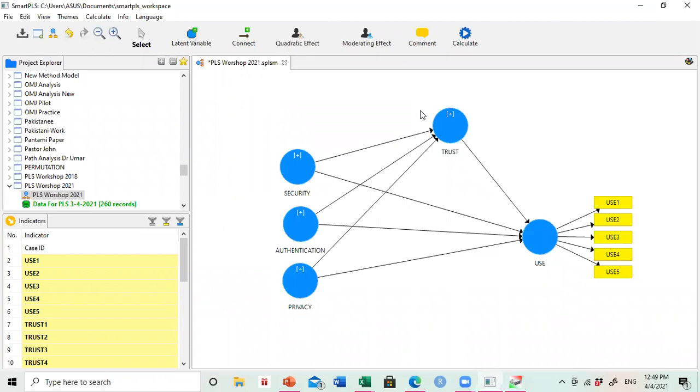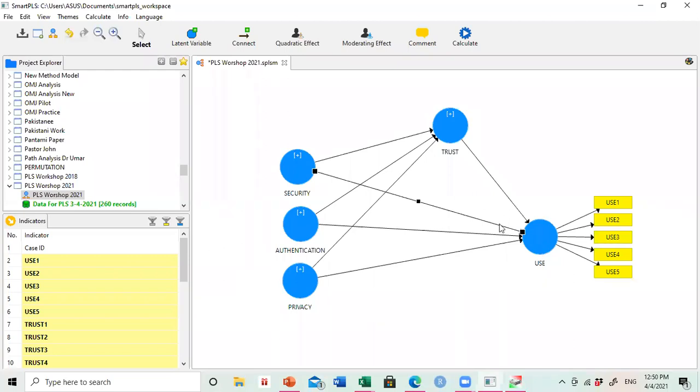You connect all your IVs to the mediator, and you connect the mediator to the DV. But this is where the issue is. We have connected all our IVs to the DV. Then what are we following? Are we following Baron and Kenny or who? Baron and Kenny. That is great.